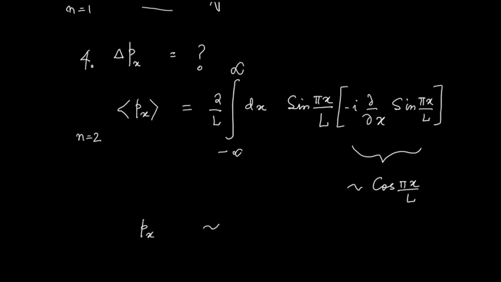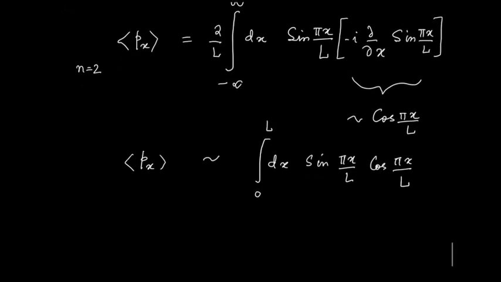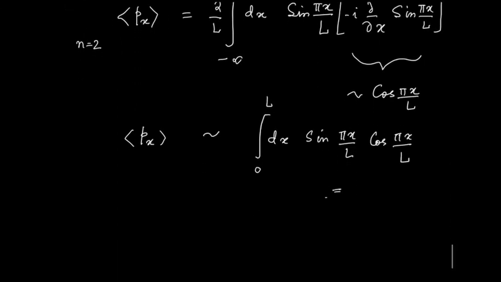So this integration, when I do the average of px, will boil down to an integration between 0 to L of sine of pi x by L and cos of pi x by L. Now, if you are familiar with integrations of sines and cosines, then you know that this integration is 0. I urge you to try this. So the average value of the momentum is 0.